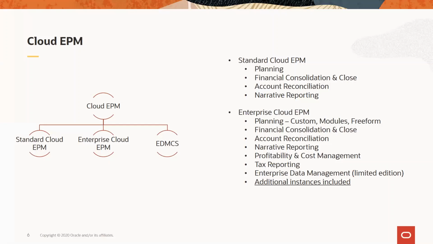And then we have the Enterprise Cloud EPM. If you notice, the whole acronym set we used to have, which separated services, is all gone. Basically, it's a simplified service with business processes contained within the services. And you have an extended set of business processes and also additional instances included within the Enterprise EPM Cloud.